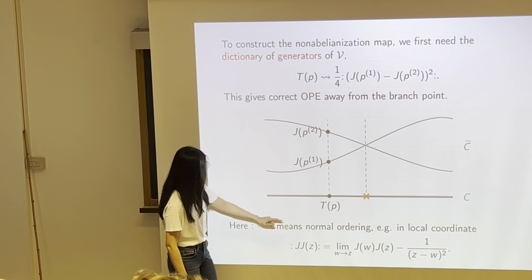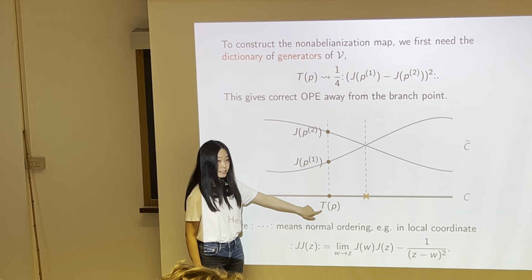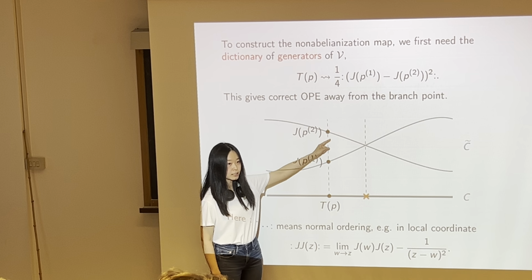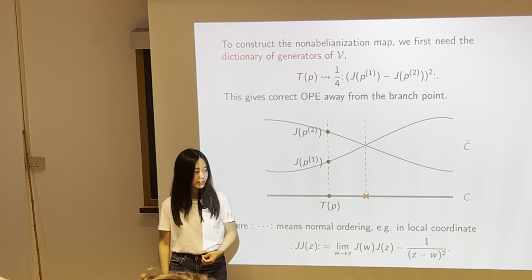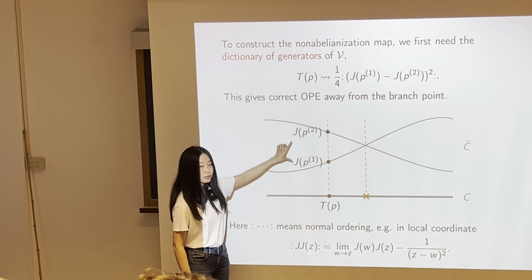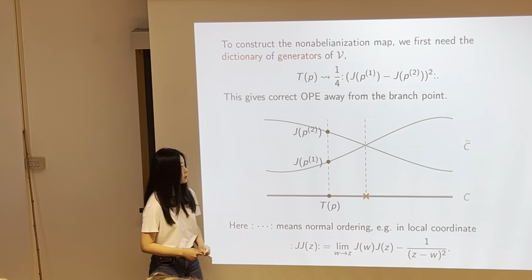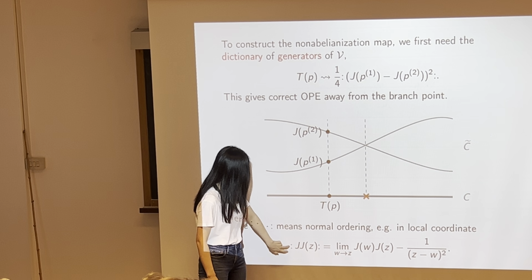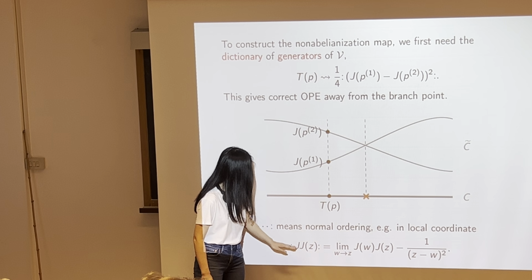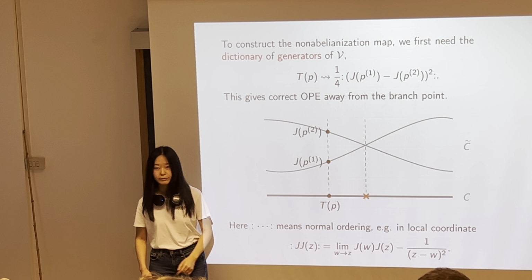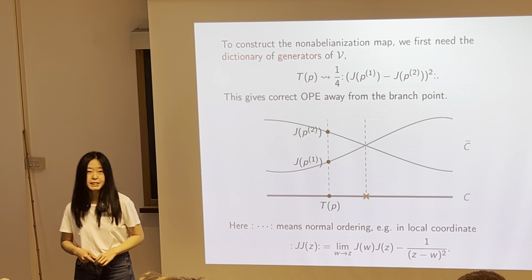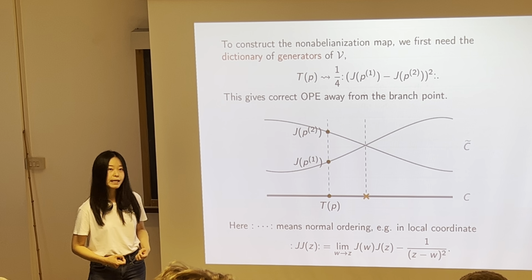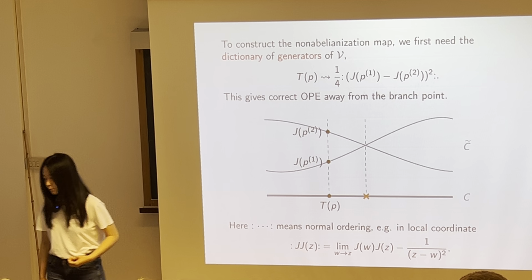So if we want to insert the generator of Virasoro algebra, this T, on the base at a point P, on the cover, we need to insert the generator of the Heisenberg algebra, this J, at both of the pre-images, P1 and P2, and take this particular combination, where the 2 semicolons on the 2 sides just means the normal ordering. So we can check that with this dictionary, we indeed get the correct OPE if they are away from the branch point.